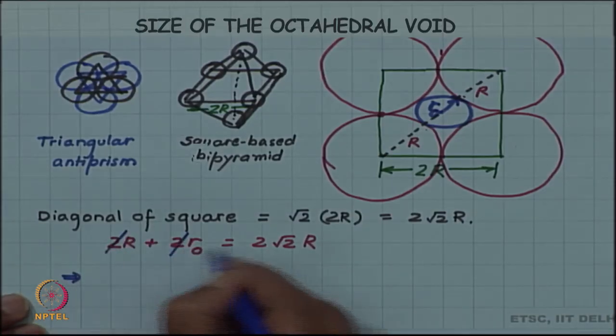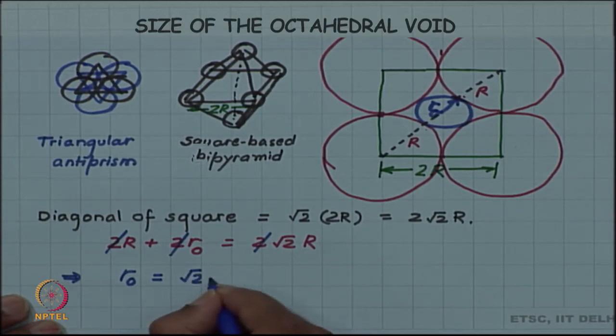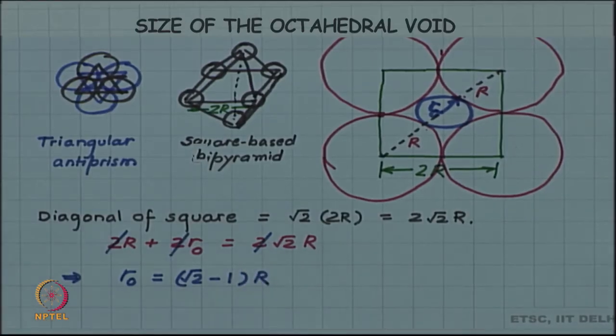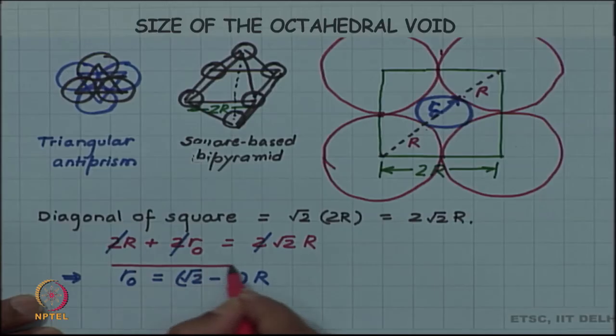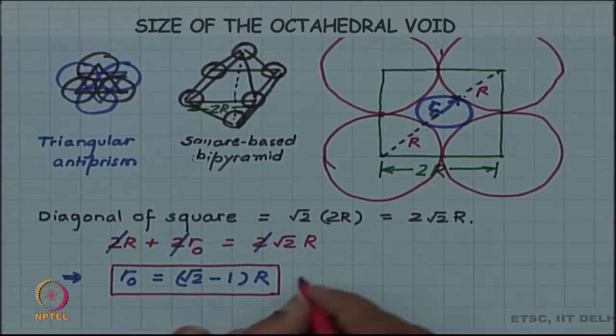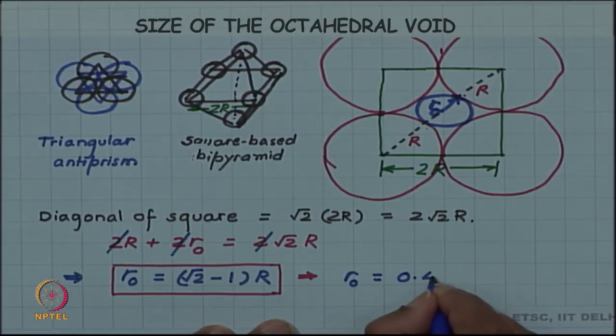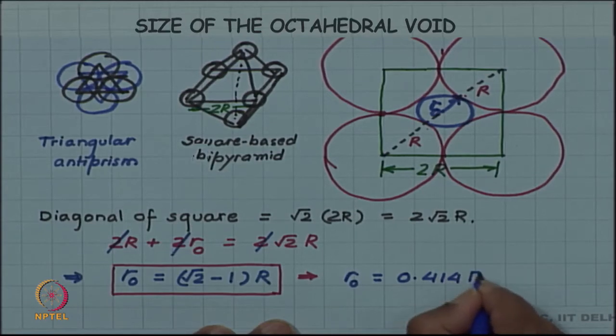Of course, we can cancel 2. So, r o is nothing but root 2 minus 1 times r. Or if you do it numerically, you can show that r o is approximately equal to 0.414 r.